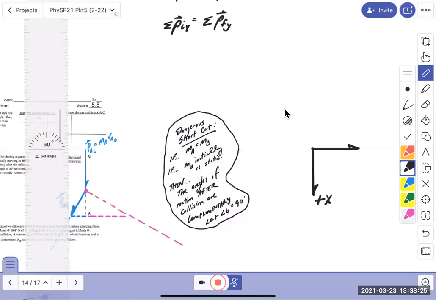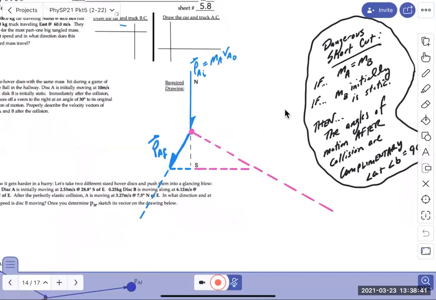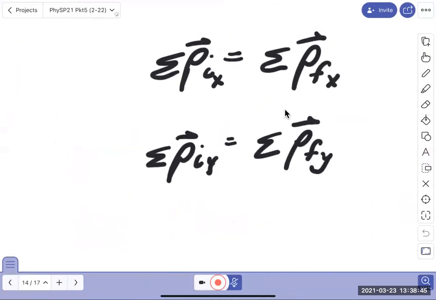I've got to put negative signs. I try and avoid negatives and decimals as much as I can. And let's make this positive y. Okay, so to the south is positive x, to the east is positive y. So that means, what I violated here is I violated this.